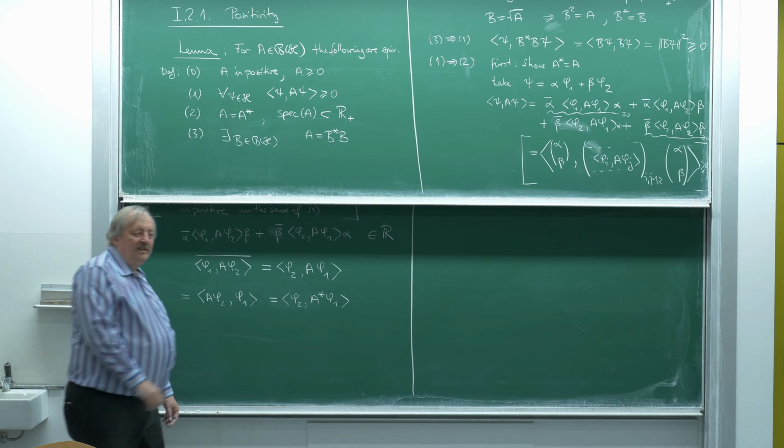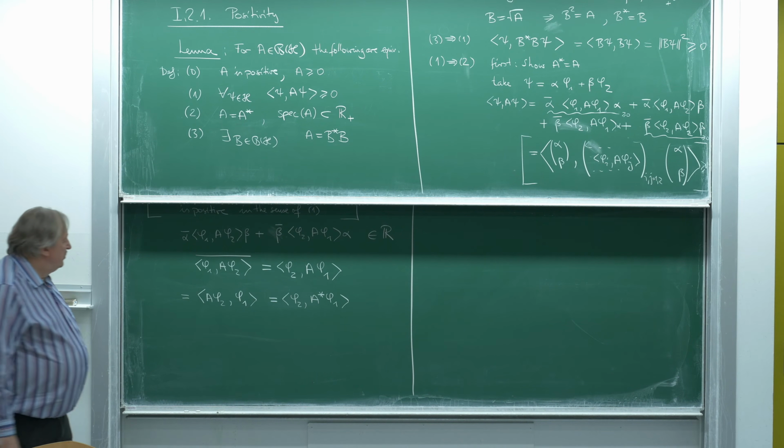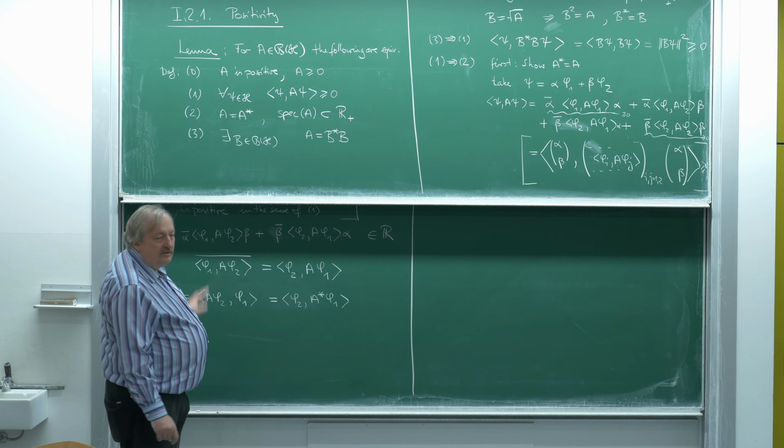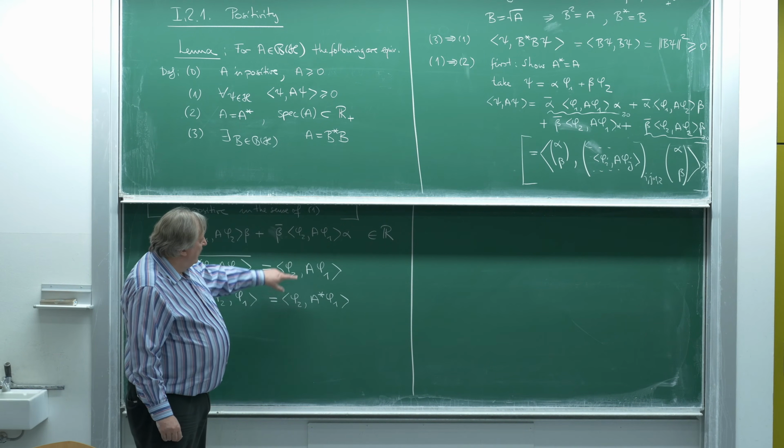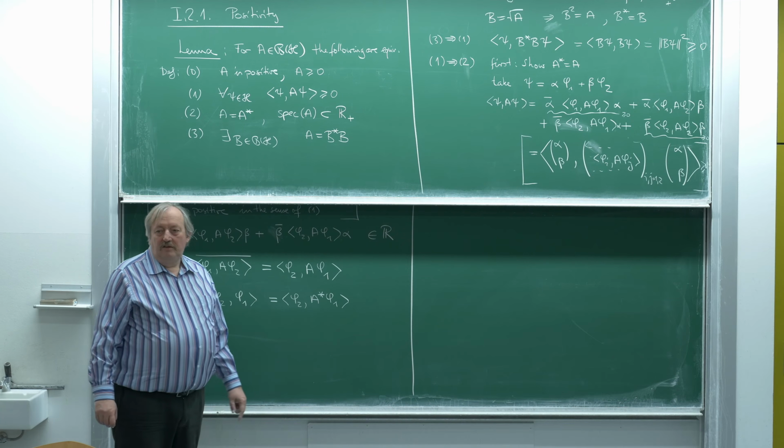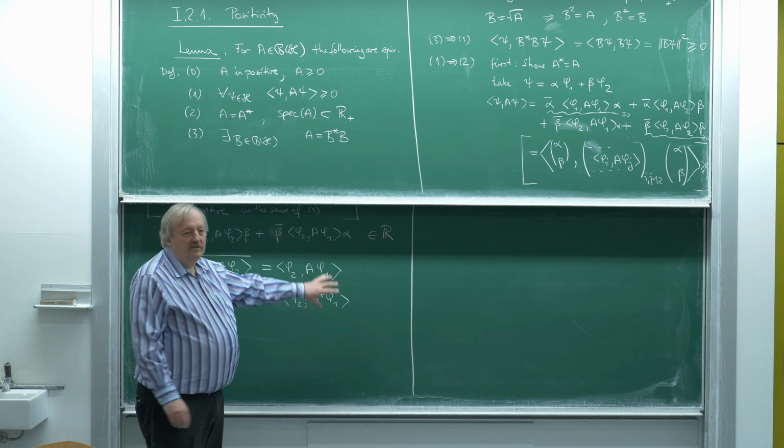So sorry, this was the way to do it, right? So for arbitrary phi 1 and phi 2, they were completely arbitrary. So I conclude from this that A has to be A star. Right? Because for arbitrary vectors, this identity holds.